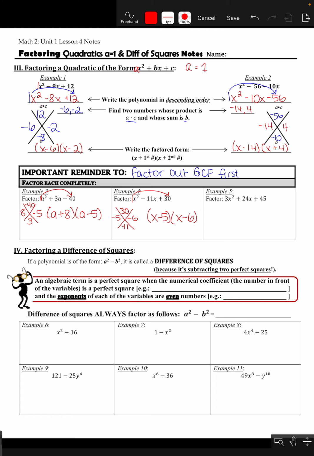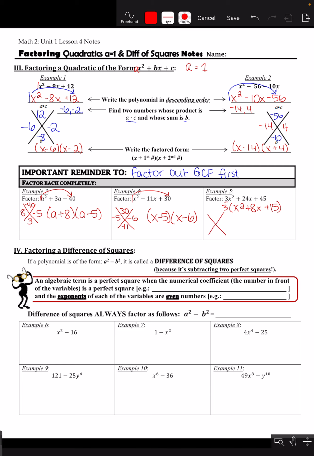In example 5, we've got 3x squared plus 24x plus 45. We want to check for a GCF first. Since this a is a 3, we really do want to check for a GCF first. Otherwise, we're going to be multiplying 3 times 45, and that gets crazy real fast. So I do actually have a GCF of 3. And so I'm going to take that out, and that leaves me with x squared plus 8x plus 15.